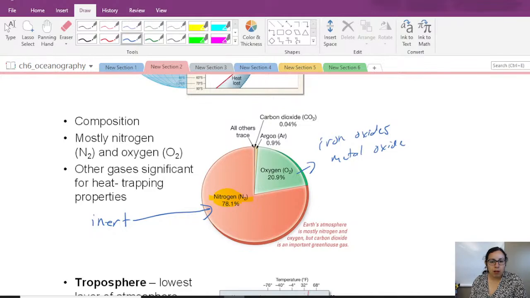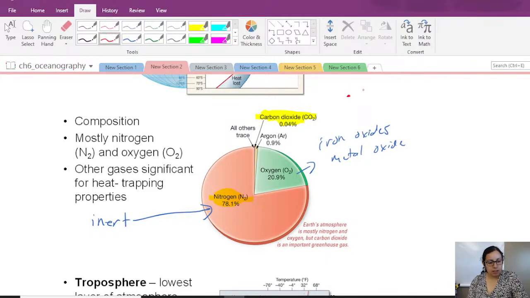it can bond with. And then, another reminder, carbon dioxide is relatively small, only about 0.04%, so not that much of our atmosphere.